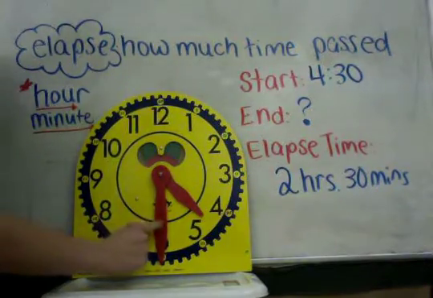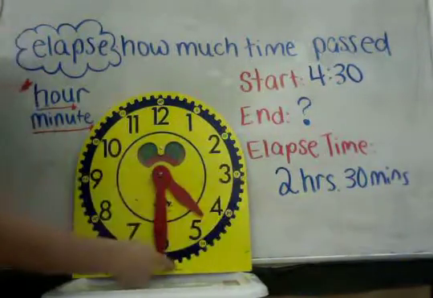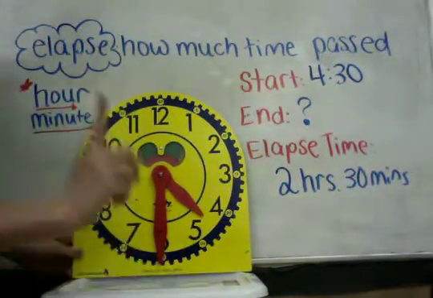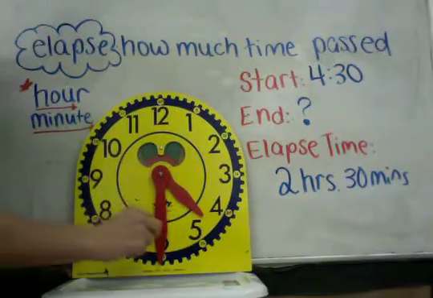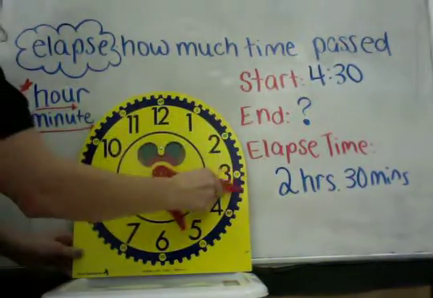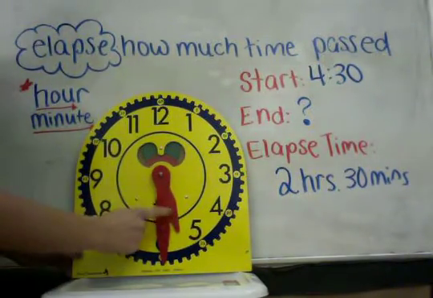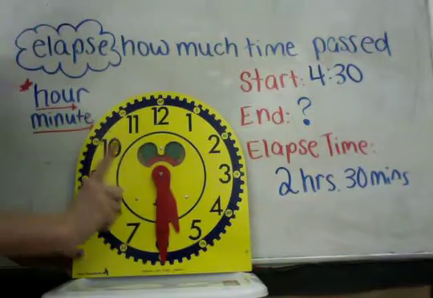So, I'm going to start moving my minute hand, and then when I make a complete circle, that's going to be 1 hour. Let's do that now. We're going to start at 4:30. We're going to move all the way around the clock. What time is it now? 5:30. That has been 1 hour.